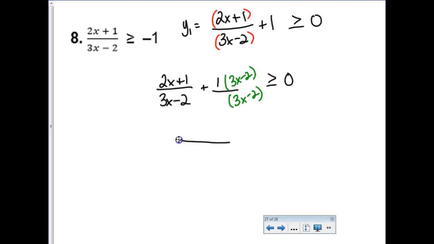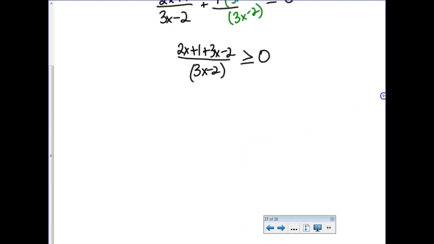So, denominator of 3x minus 2. So that's going to be a vertical asymptote. And then your numerator, let's see, I should probably not skip a step here. 2x plus 1 plus 3x minus 2, which gives us 5x minus 1, yeah, over 3x minus 2.